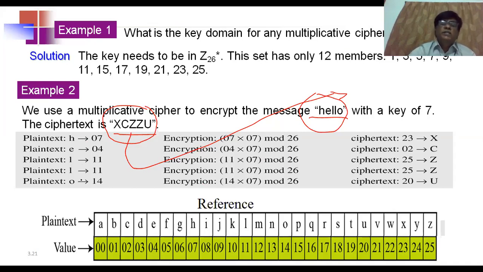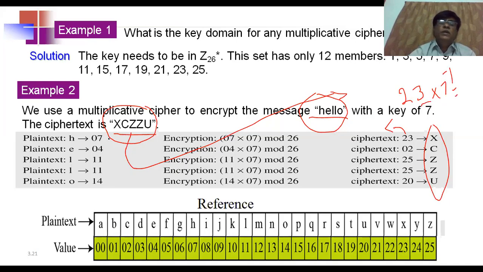That's why this is a very secret message. At the time of decryption, these are the ciphertext characters and these are their equivalent integers. You should multiply this 23 with the multiplicative inverse of the key. That means 7 inverse.